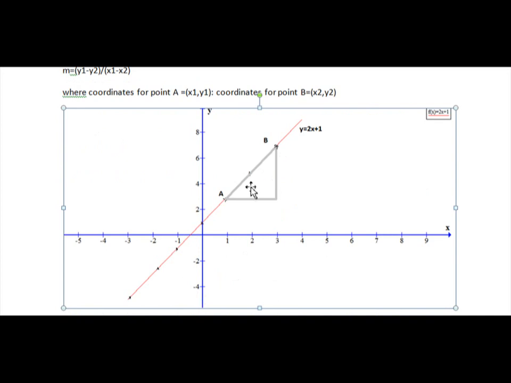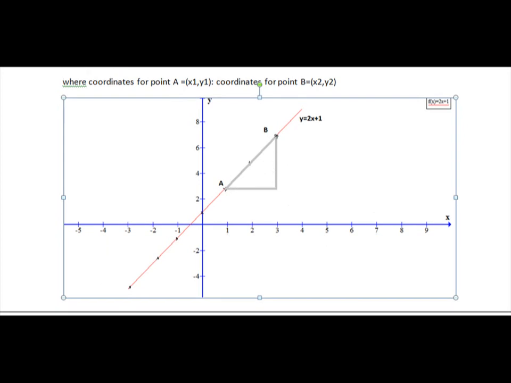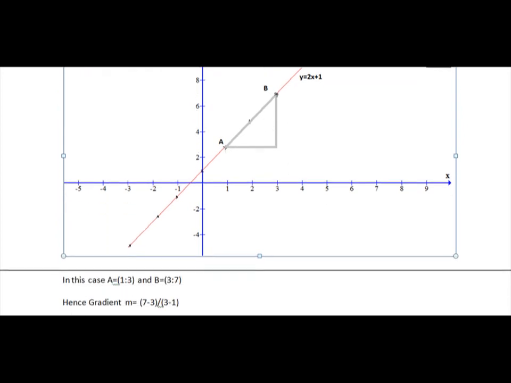So this little triangle illustrates the points we use to calculate the gradient. Right, in this case you have the A value there and the B value there.